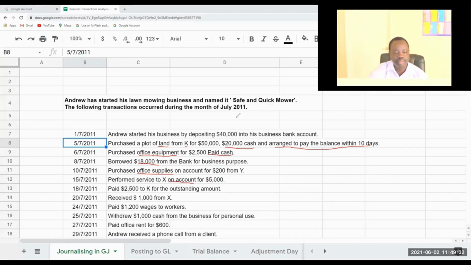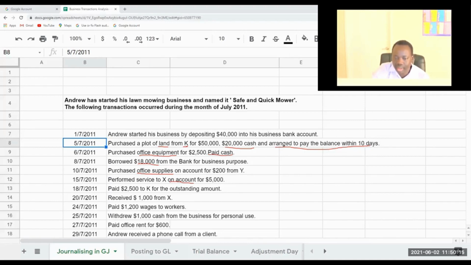Andrew Business, which is Safe and Quick Mower, paid $2,500 to K. K here is the business from which Safe and Quick Mower purchased land. This $2,500 to K is for the outstanding amount. What was that? It was this part here.